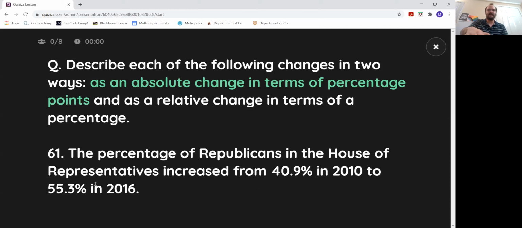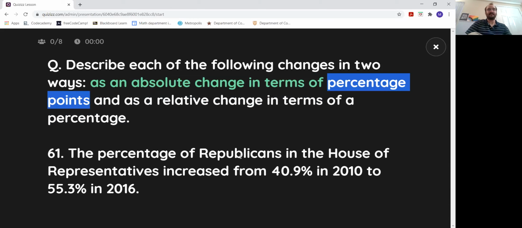So if we want to talk about the absolute change between these things, I already kind of told you how to find absolute change. It's straightforward. You get a number. But this, I'm going to be a little bit particular with units. You should say the word percentage points when you answer this. So if I'm talking about the absolute difference of two percentages, I should say something about them being percentage points.